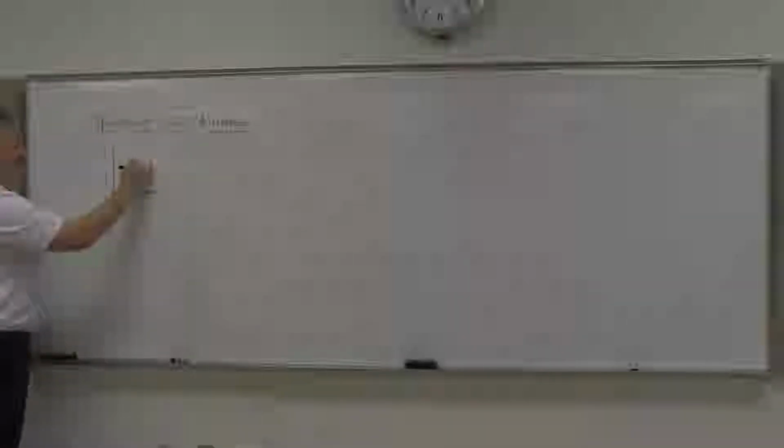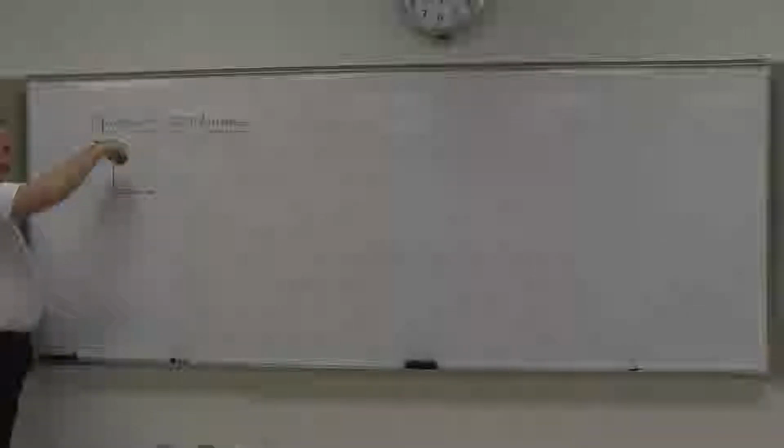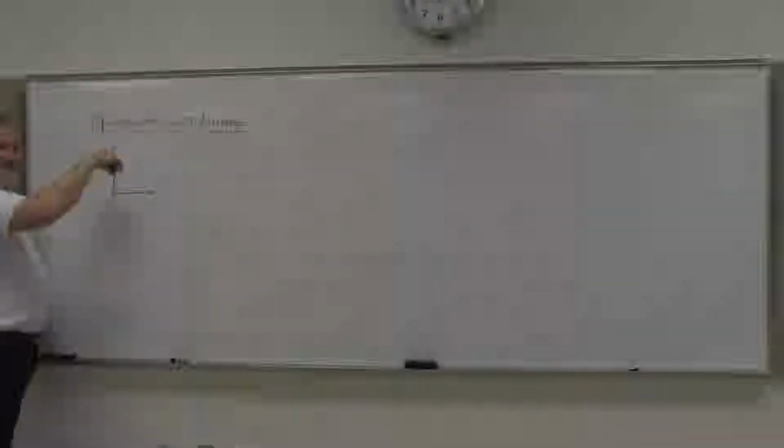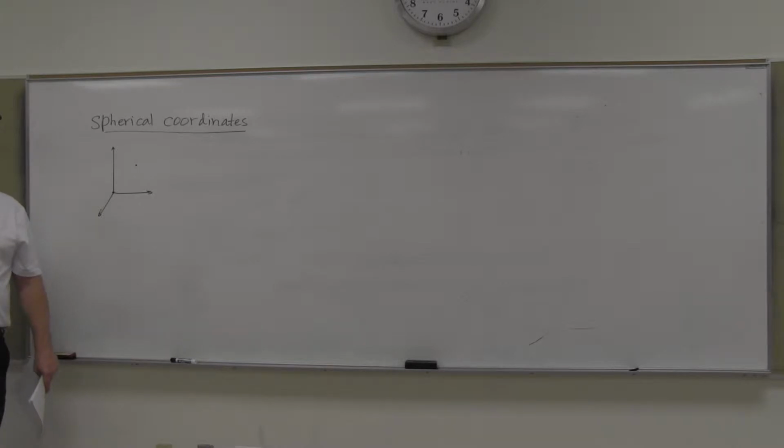All right, so let's say I've got this point out here in space. So let's pretend that's out front here at the board, but you have to draw it in there. All right, so like I said, theta is still angle theta.